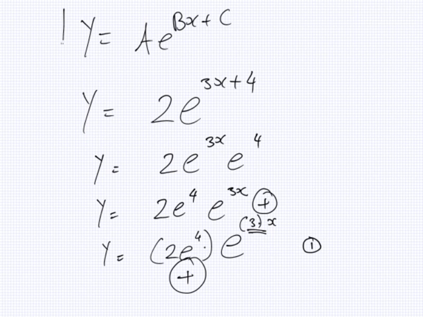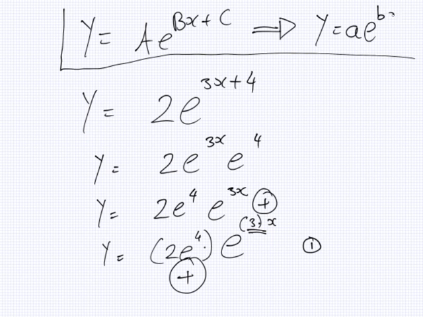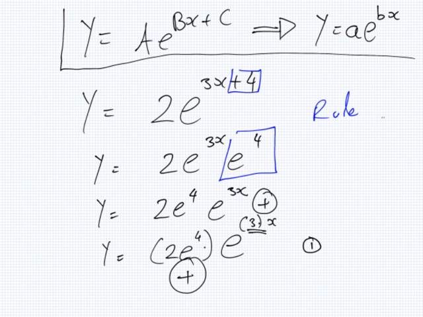So something like this could easily be changed into a form like what you had originally. I'm just saying you may need to slightly rewrite it. That's all. What I did was I took the plus 4 and pulled it out here by using the first rule.